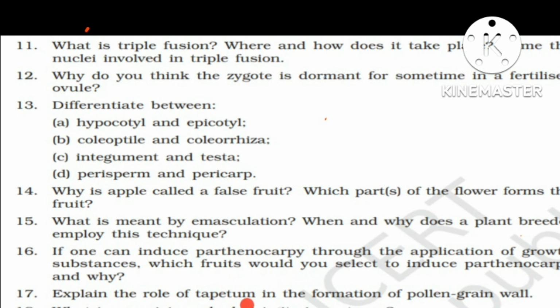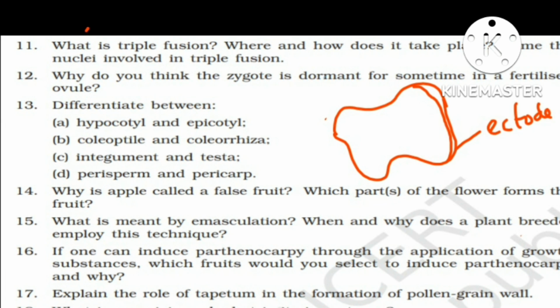Explain the role of tapetum in the formation of the pollen grain wall. Now, what is tapetum? The anther has got walls, like the outer wall is called epidermis, and the next wall layer is called endothecium, and there are middle layers over here which are also walls, and there is a layer called tapetum.